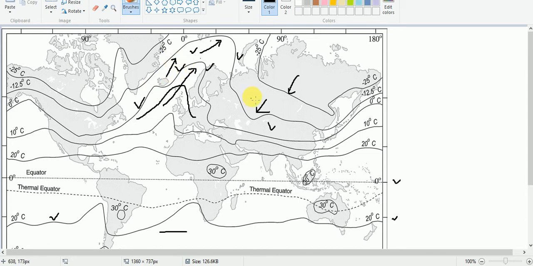But here over Europe, it is bending towards the south because temperature decreases sharply over the continents. So that is the main reason why isotherms bend towards the south over the continents.